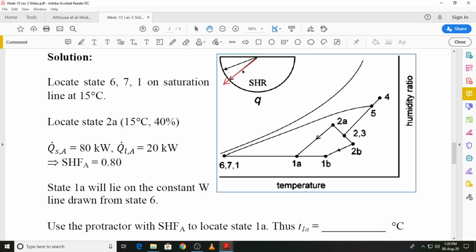For example, if I look at this line, that has the same slope as the slope for zone A, and the other line then should be the line which shows the slope or the direction of the process for zone B.